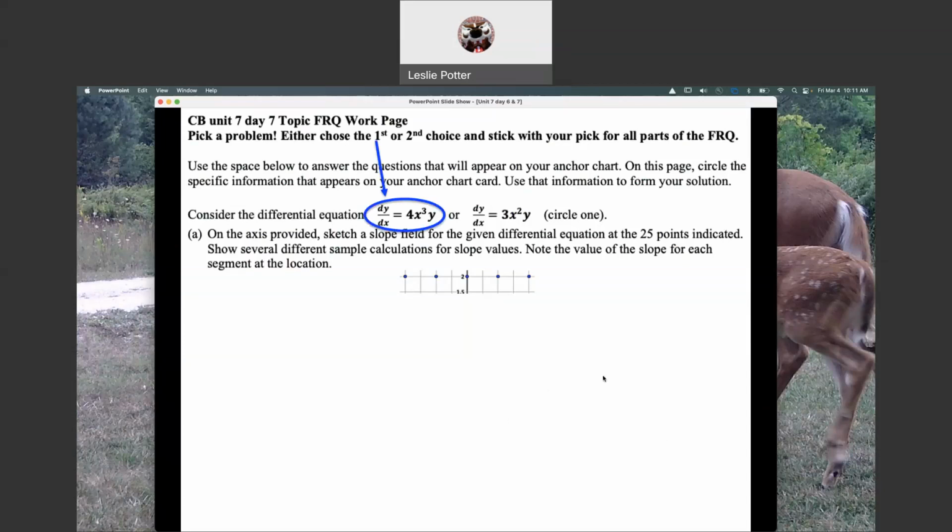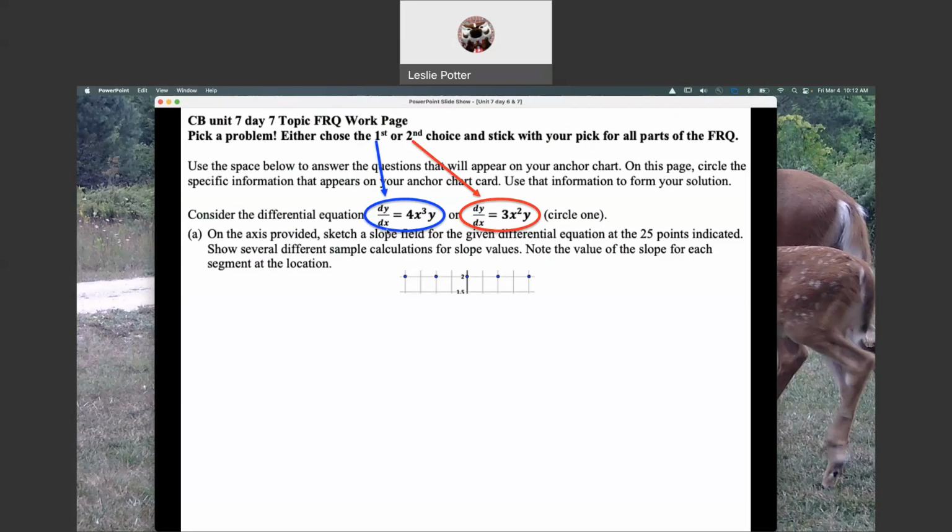So if you notice this question A, I have you pick a problem. You can choose either one. I don't care which one you choose. It was just a way for me to give you another set of practice. If you chose the one in the blue, then stick with that expression for all the parts B, C, and D as well.